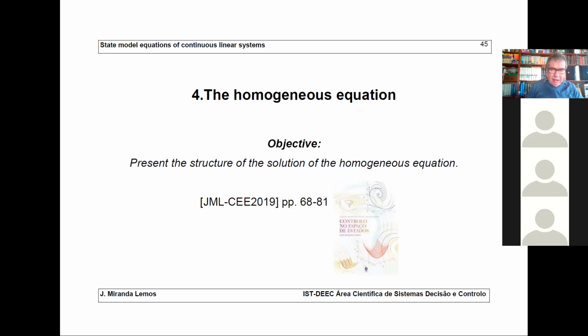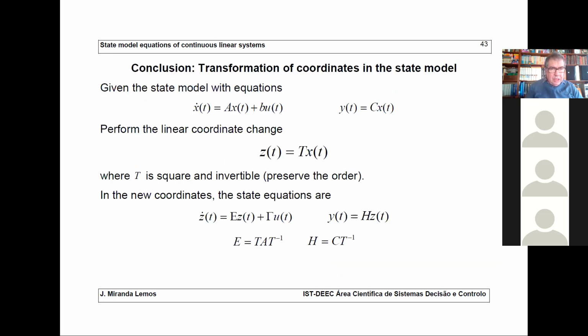Now, we still have some minutes, so let me speak a little bit about the homogeneous equation. Okay, up to now, we were considering a model which is x dot equal to Ax plus Bu. So let's concentrate on, remember, this is the dynamic equation and this is the output equation. The most important one is the dynamical equation. So in the homogeneous system, I don't have an input. So I give some initial conditions and I let the system evolve.